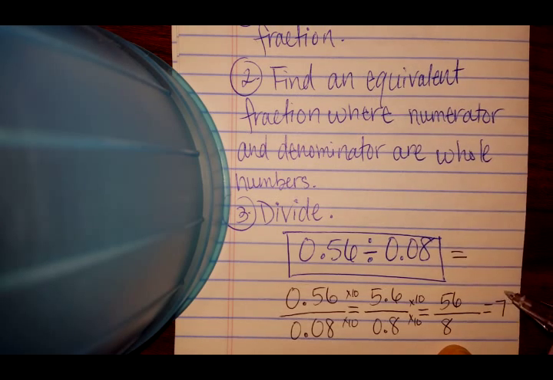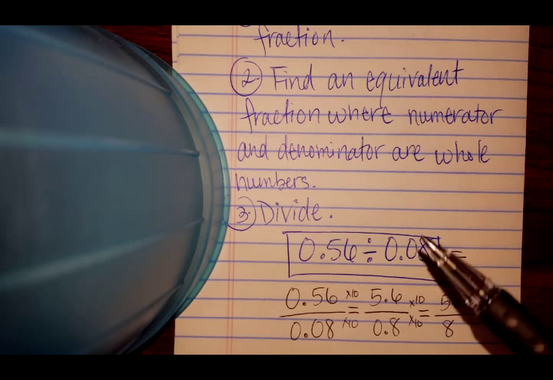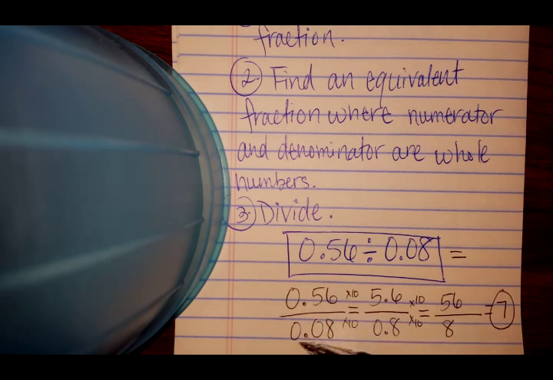And that is 7. We knew we should have gotten 7, so it's good that it worked out that way. So this is equivalent fractions, just making sure you turn this complex fraction into a regular old fraction. Sometimes it's an improper fraction, but without any decimals, and then just divide.